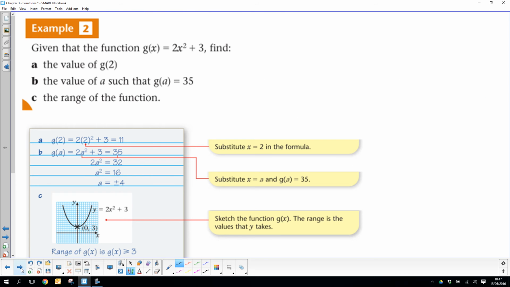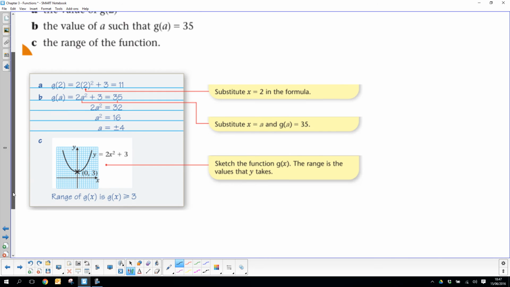Example 2: given that the function g of x equals 2x squared plus 3, find the value of g when x is 2, and the value of a such that g of a equals 35, and then we're going to talk about the range. This is all below, nicely laid out working, so we'll look at that.